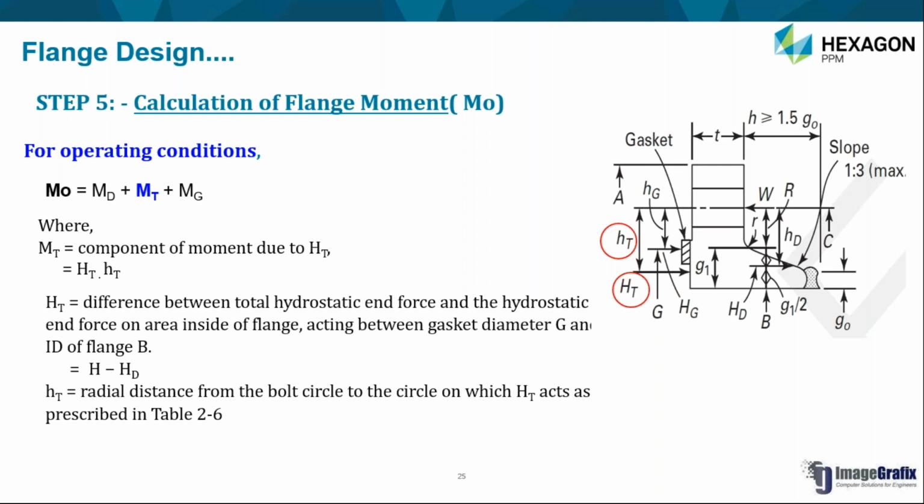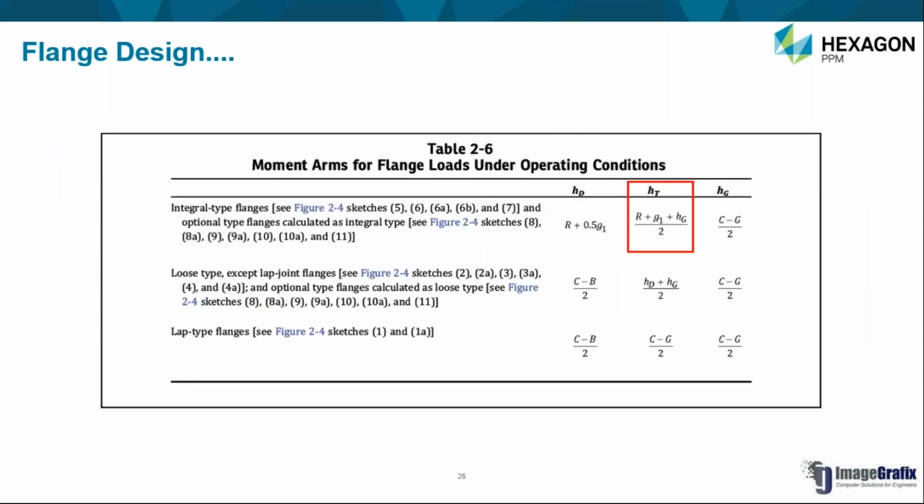The distance between the ID and the PCD is R plus G1, and the moment arm for the gasket load reaction HG is nothing but hG. So the average of these two is R plus G1 plus hG divided by 2. You will find this in Table 2-6.